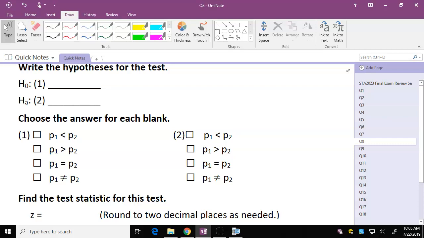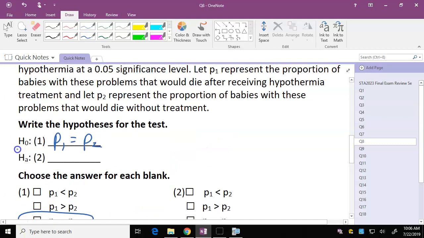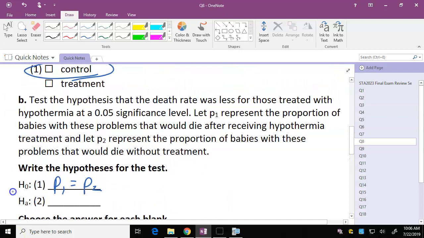P1 less than? No. Equals. Your null hypothesis is always equals, no numbers. So this is P1 equals P2. It's going to be a drop-down menu for you on your test. So it's always going to be equals. All right. Now the question is, what's the next one?